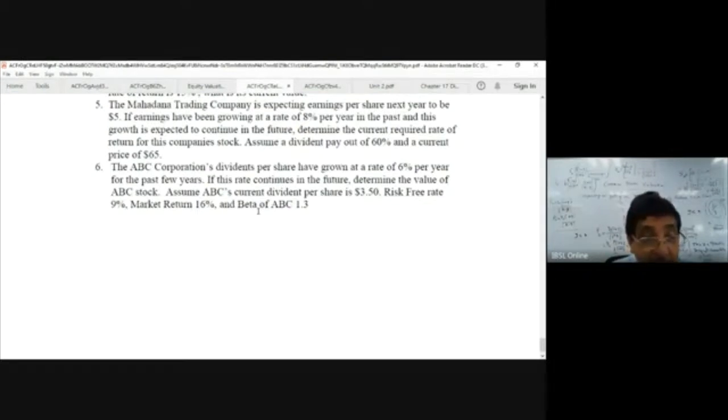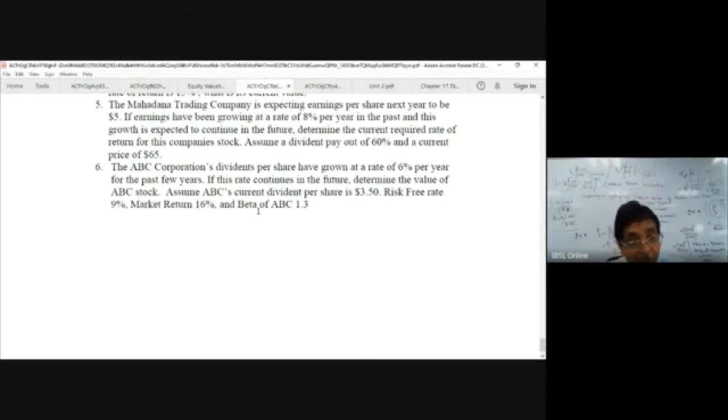Risk-free rate given, market return given. Now, first of all, calculate ABC's required rate of return or equilibrium return by using the capital asset pricing model.